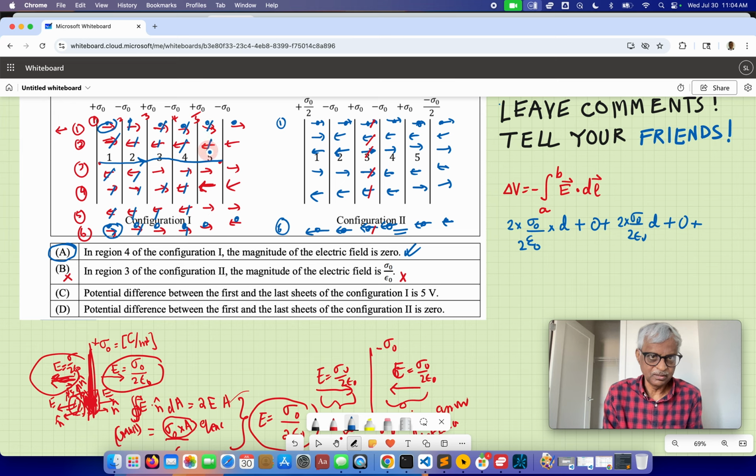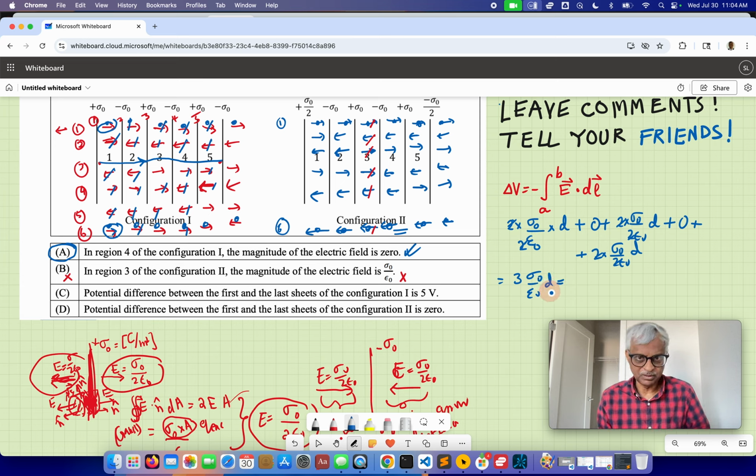This cancels this, this cancels this, they add, so it's going to be another 2 times sigma 0 over 2 epsilon naught d. So these 2's cancel out. This equals 3 sigma 0 over epsilon naught d.